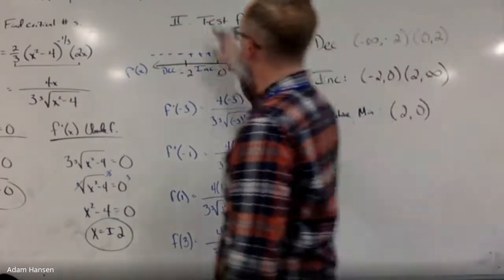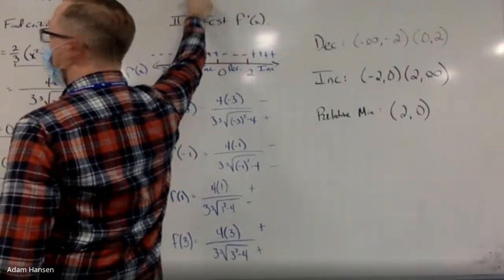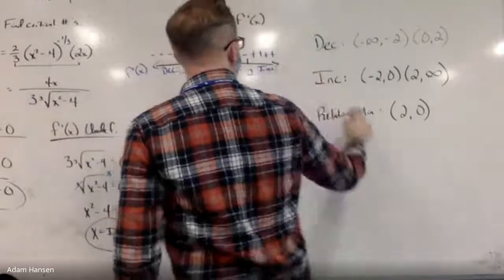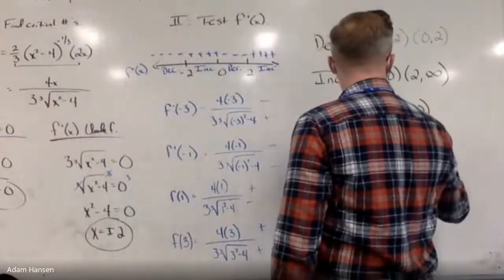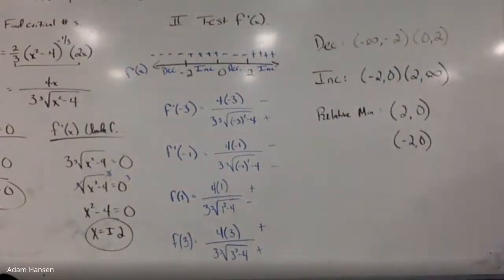So I plug -2 into here. -2 squared is 4. 4 minus 4 is 0. 0 to the 2/3 is still 0. These are not intervals, these are coordinates, right? These are intervals of numbers, these are just actual coordinates on the graph. Sometimes people get those confused because they both kind of look the same.